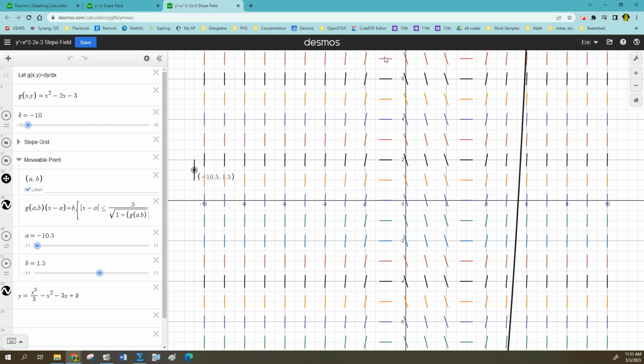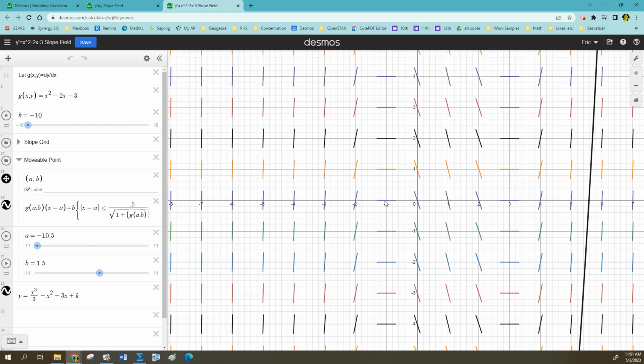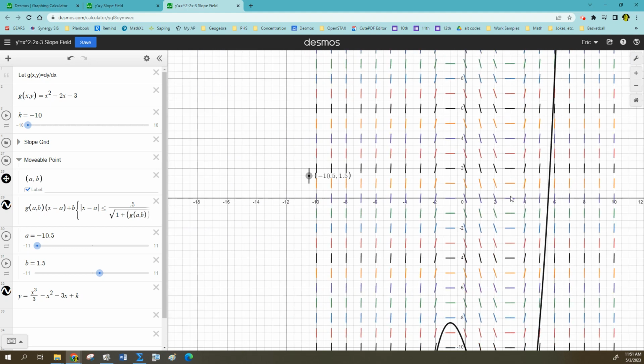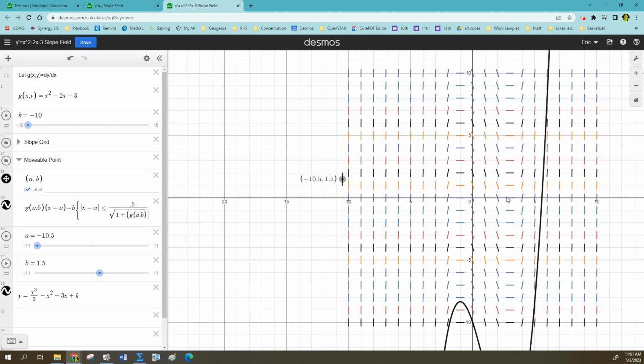Look what we see here on our slope field at negative 1 and positive 3. Look what happens. I get horizontal tangents. And notice that if I look vertically at any of those columns, the slopes don't change, right?